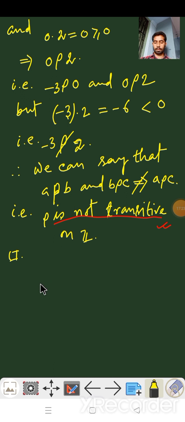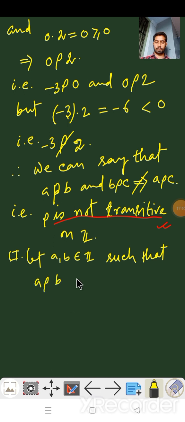To check the antisymmetry of rho, let a, b belong to Z such that a is related to b and b is related to a.